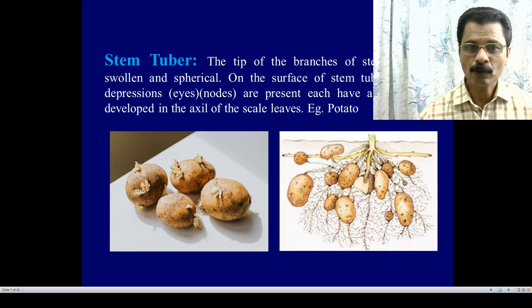There the nodes and internodes are there, and these small depressions we call eyes. In the axil of the scale leaves, the bud also is produced. So if you keep this potato for a long time in your kitchen, you can see sprouts come out from it. These sprouts are nothing but axillary buds. They can grow into an individual plant, right? This is stem tuber, another underground stem modification.